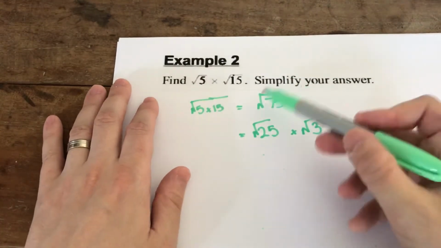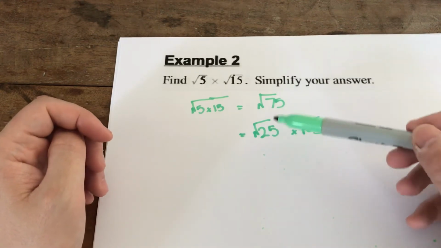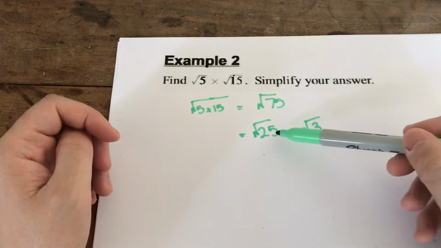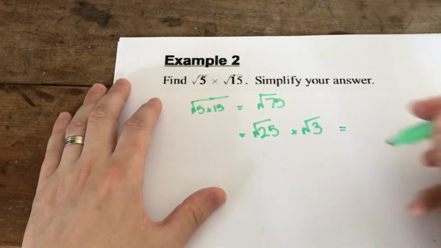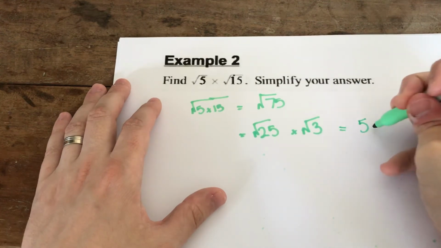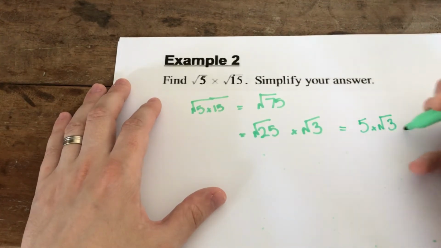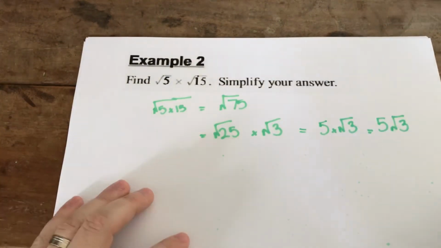So again, if I want to simplify my answer, I find the biggest square number that goes into 75, which is 25. And then what do I times 25 by to get to 75? It is 3. I then square root my 25, which gives me 5. And then write it without a multiplication sign. And that is my answer, fully simplified.